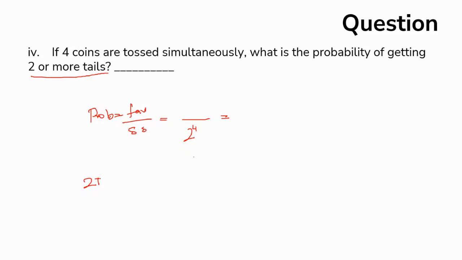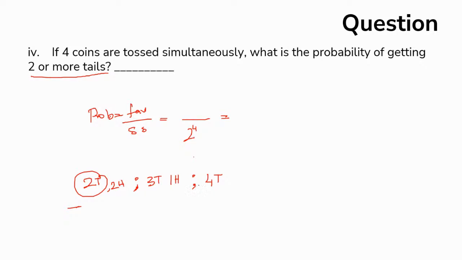Two tails out of four, so two tails and the other two as heads is a possibility. And another case is more than two tails, so three tails and one head is a possibility, or else all four being tails is also possible.